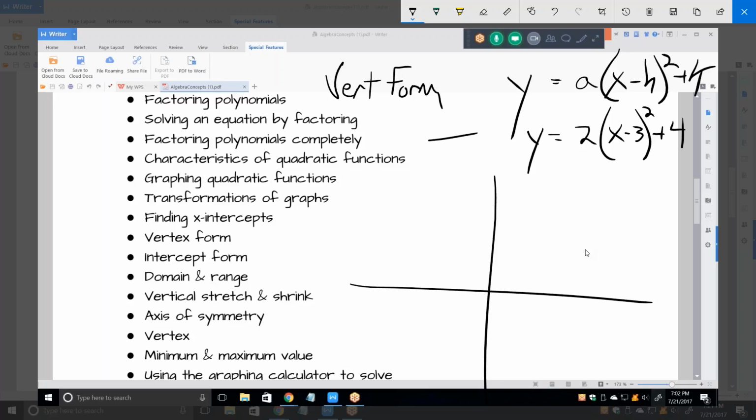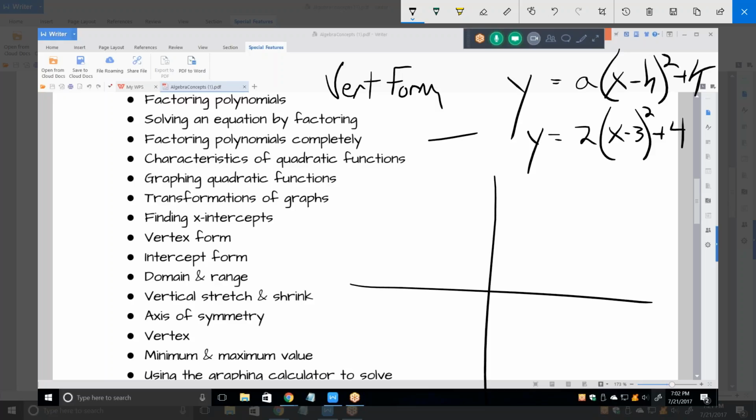Because h and k are the x and y coordinate of the vertex. The most important part of a parabola is that vertex. That vertex almost tells you 90% of everything you need to know about that parabola. It is without a doubt the most important point.